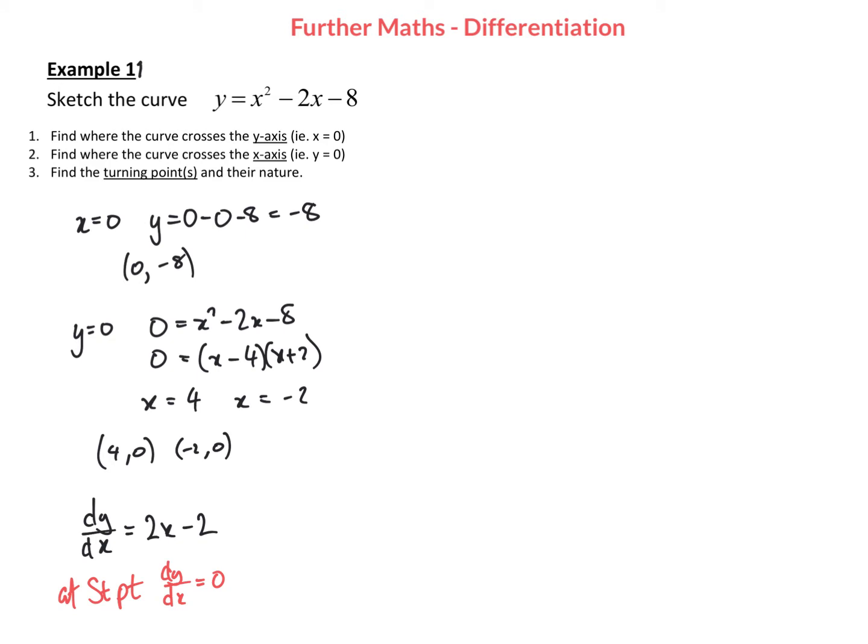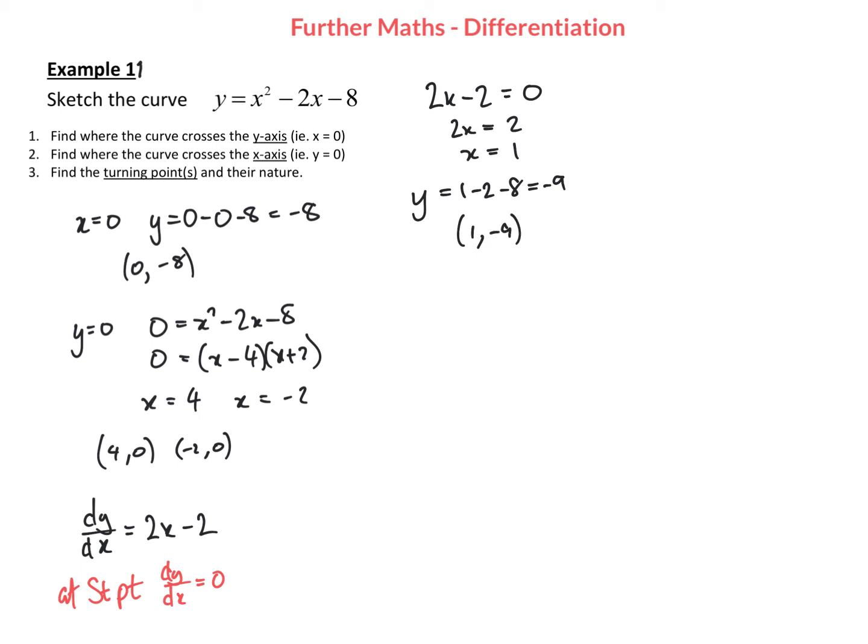So 2x minus 2 equals 0. So 2x equals 2, and x is equal to 1. So our stationary point is where x is 1. The y value of that, well, if x is 1, y is 1 squared minus 2 minus 8. So that's negative 9. And so we've got a stationary point at 1, negative 9.